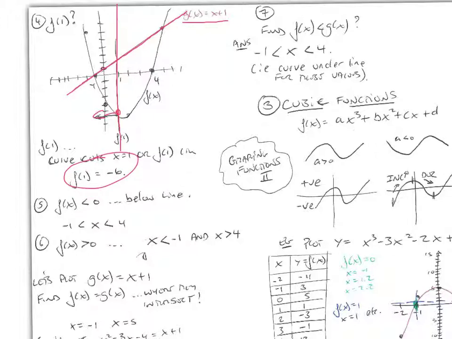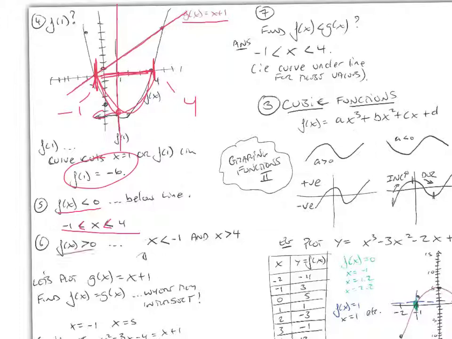To find where f of x is less than 0, it's wherever this function is below the line, and that's x from minus 1 to x is 4. So it's x greater than minus 1, x less than 4, between here and here. Any x values there will give this negative function below the line.